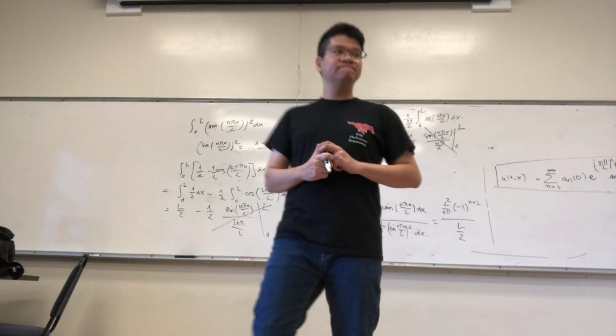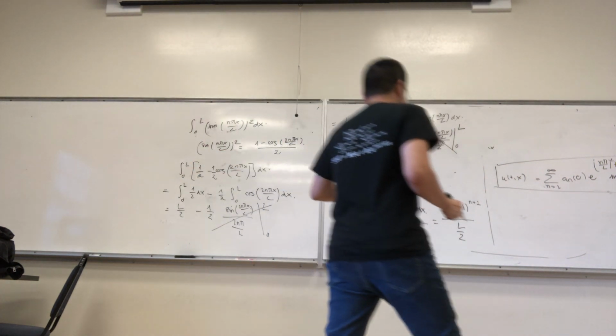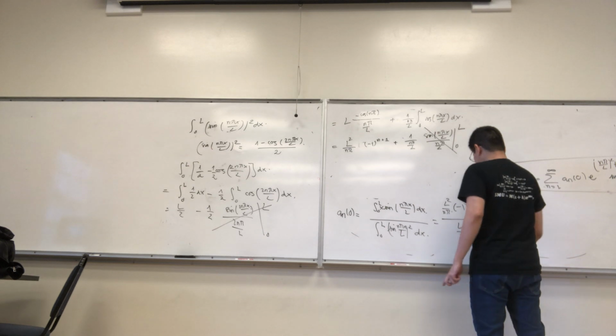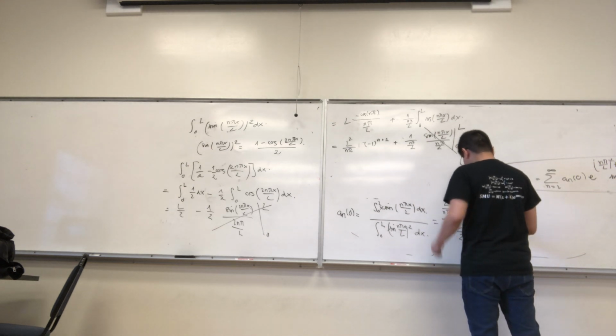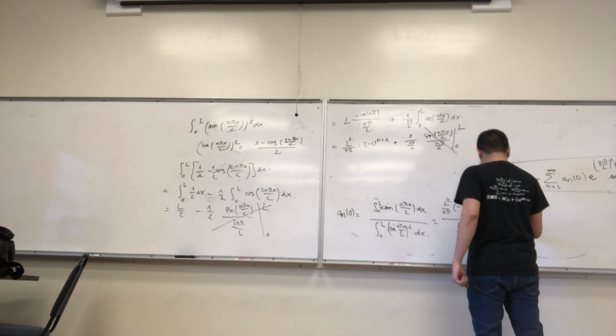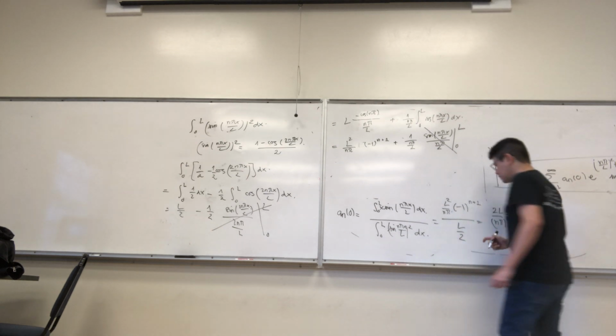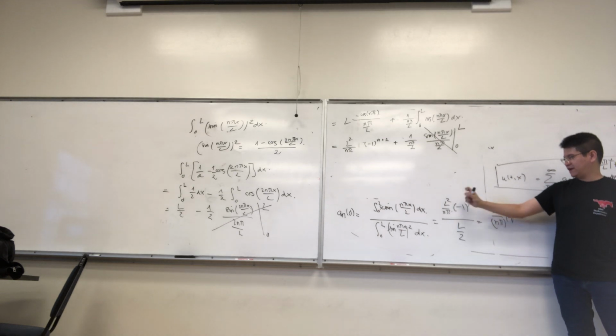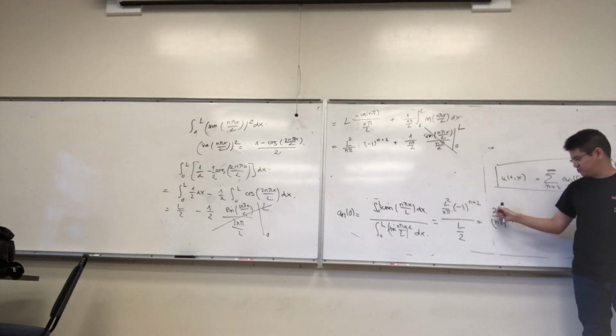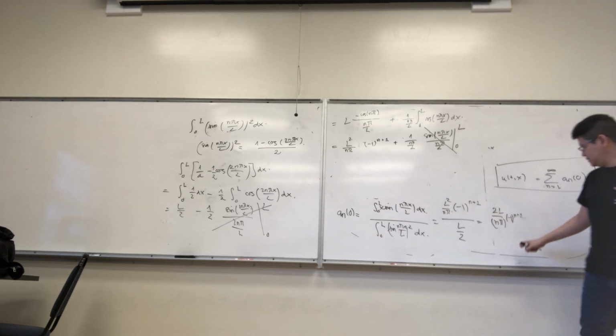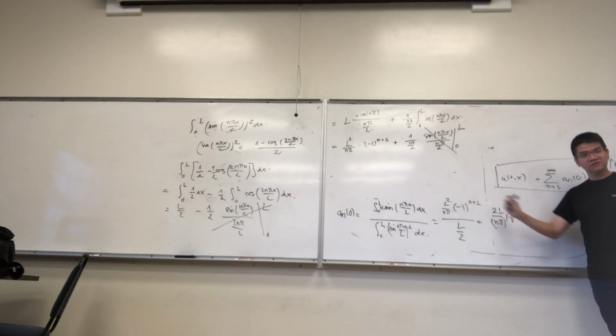Alright? Questions? So when you divide by L over 2, you're going to have 2L over n pi times minus 1 to the n plus 1. I divide L squared by L over 2, this gives me 2L. And here I have n pi, here I have n pi, and here I have minus 1 to the n plus 1.